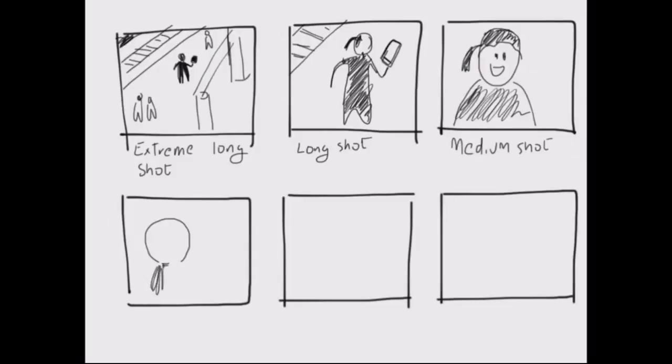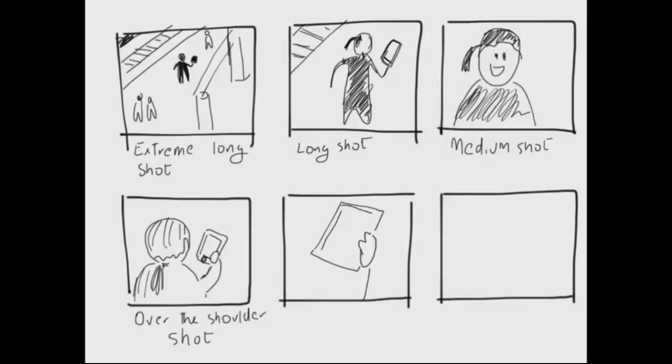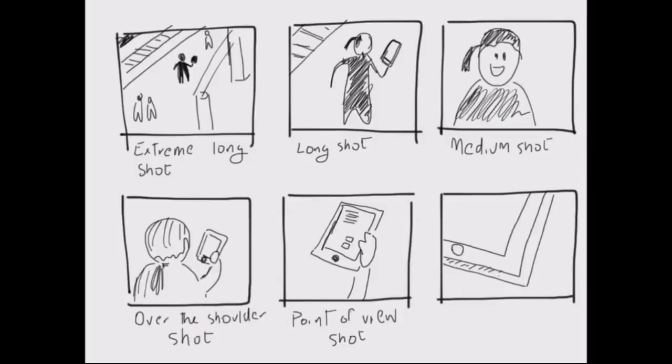It's called a medium shot. You can also use one from the back, like the over shoulder shot, and you zoom into the mobile. It's called the point of view shot, and you go into the detail, so you can say that it's a close up.